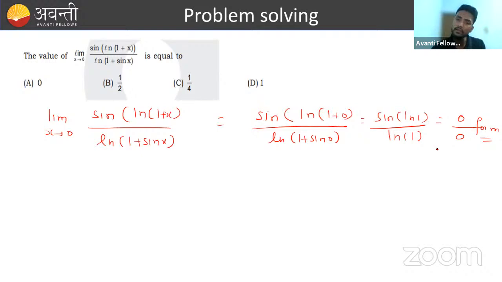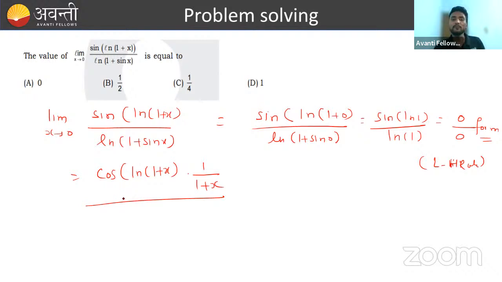Then in the next step, we have to differentiate the numerator and differentiate the denominator. So sine ln 1 plus x, what will be the differentiation? It will be cos ln 1 plus x, and then again by the use of chain rule, ln 1 plus x gives 1 divided by 1 plus x.